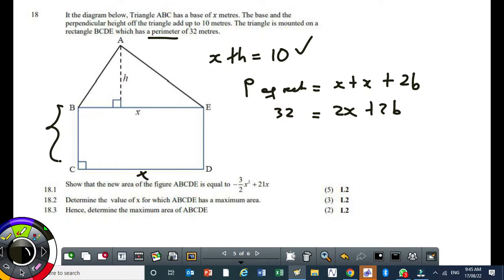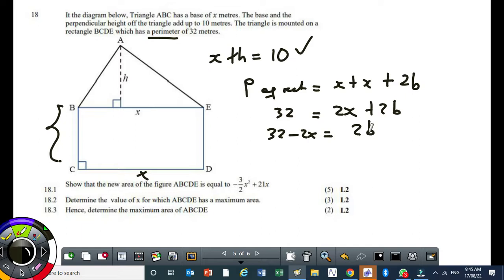What I'm going to do is calculate the breadth from this formula, because it's not given. So I can say 32 minus 2x is equal to 2b. Am I right?